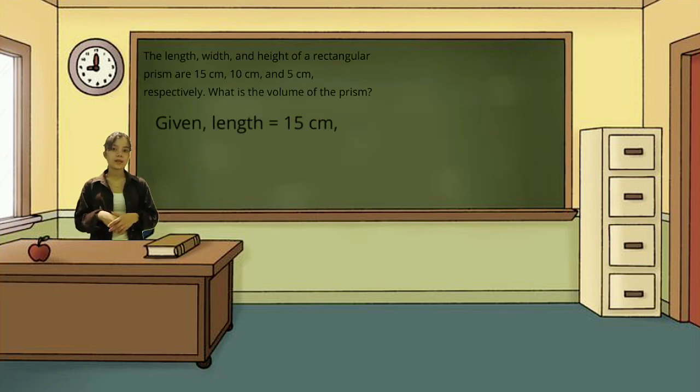So given the length is 15 centimeters, the width is 10 centimeters, and the height is 5 centimeters. For the volume of our rectangular prism, we have the formula, volume equals length times width times height.